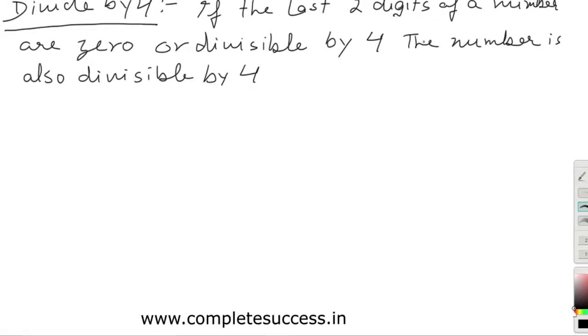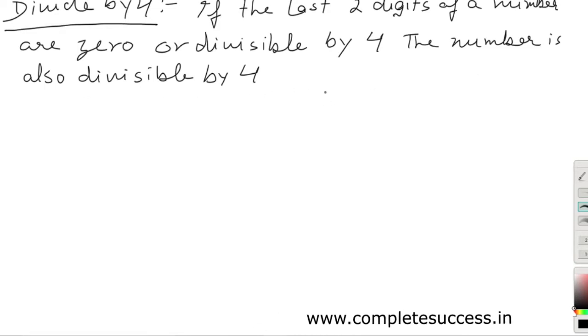So if the last two digits of a number are 0 or divisible by 4, the number is also divisible by 4.